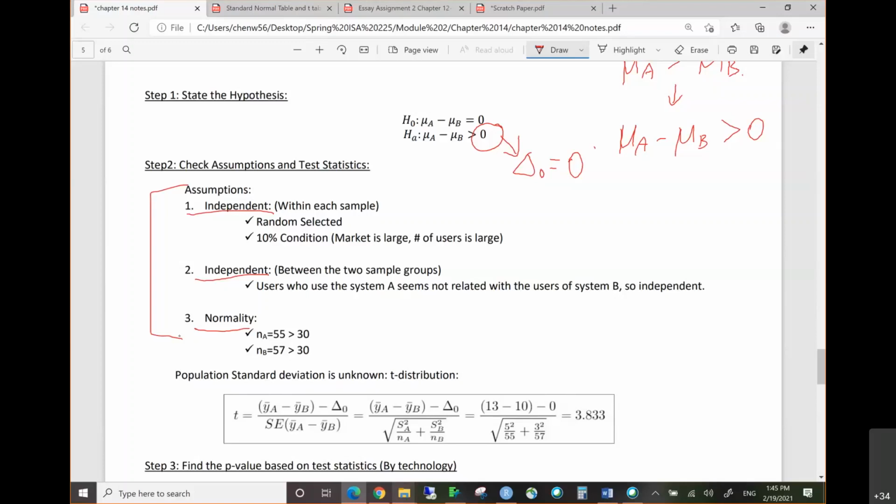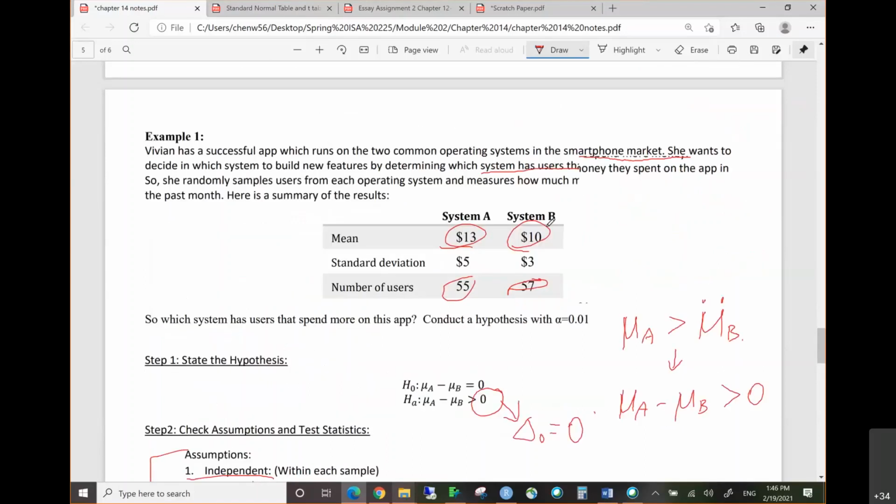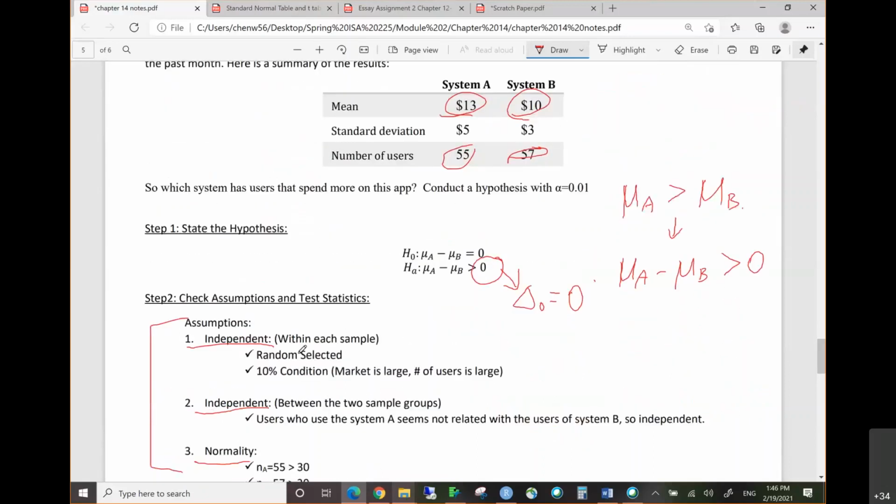The sample size here is 55 for A and 57 for B, and the population is the whole smartphone market. So of course the population is large, so the 10% condition is checked.